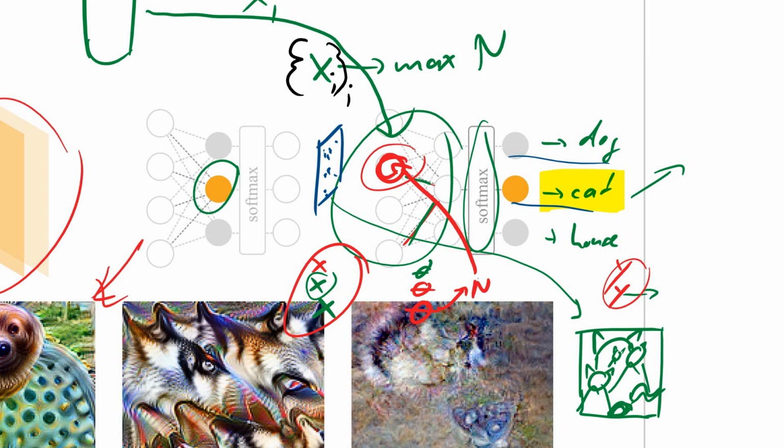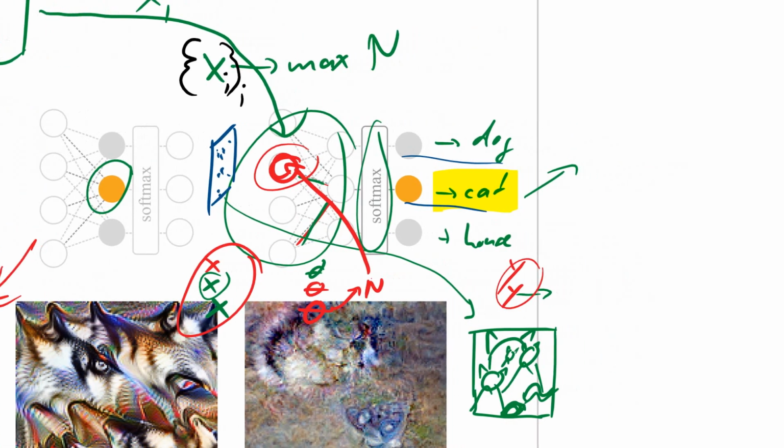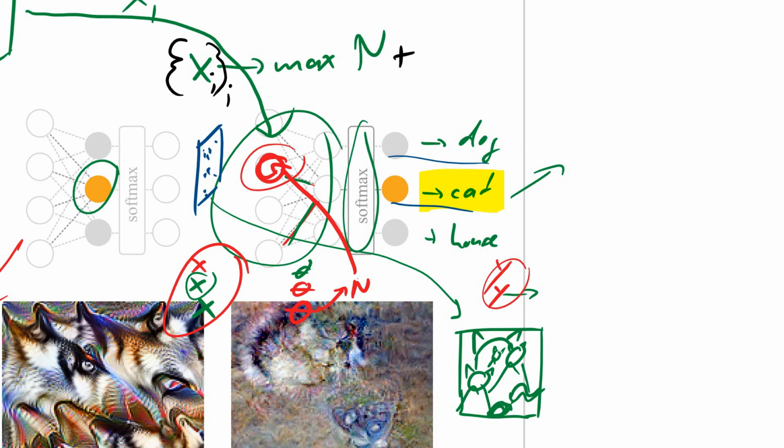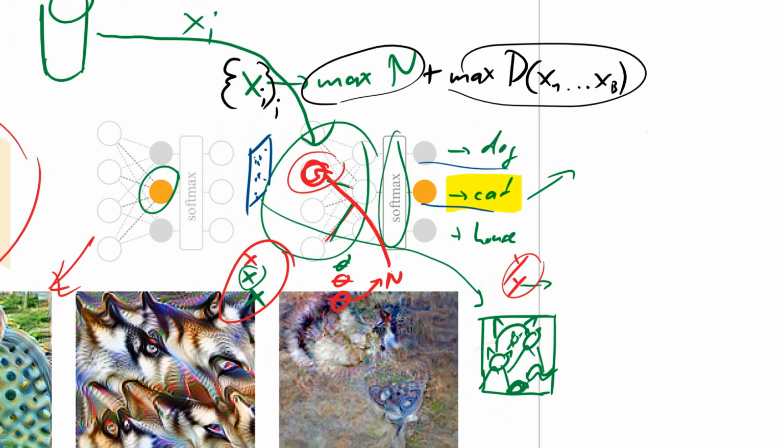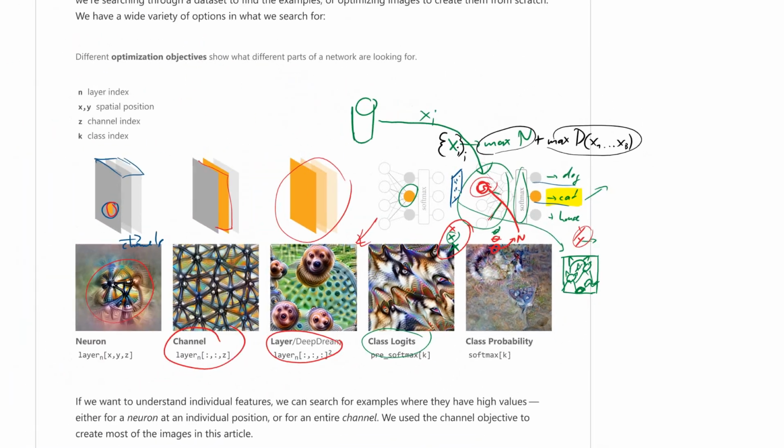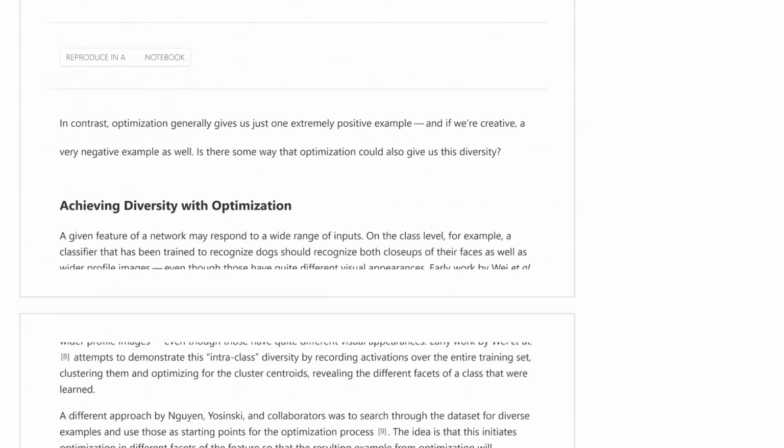So we feed an entire mini batch in there, and we want to maximize N, but also maximize a diversity term. Let's call that D between X1 to XB. So you want to maximize the activation of the neuron, but at the same time in your loss function you also have this diversity term, where you say the images that you produce should be far apart from each other, or kind of apart from each other. And thus you do get diverse samples.